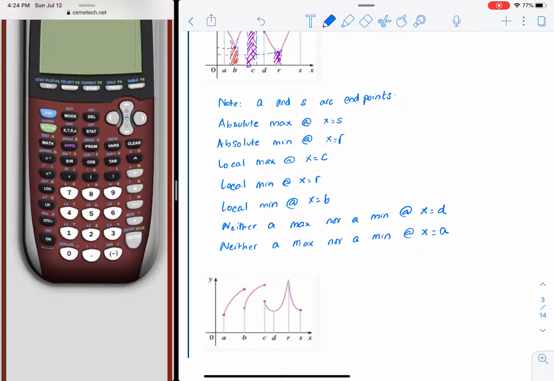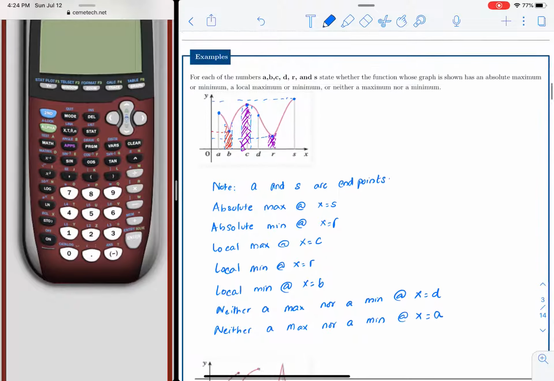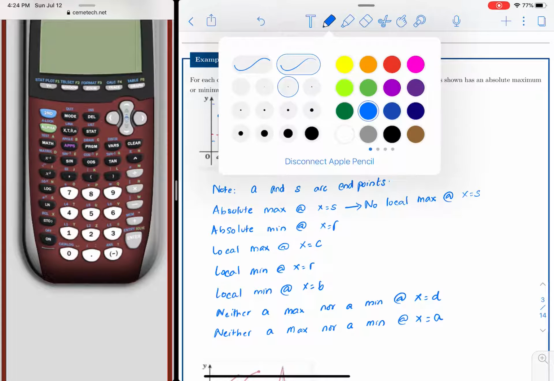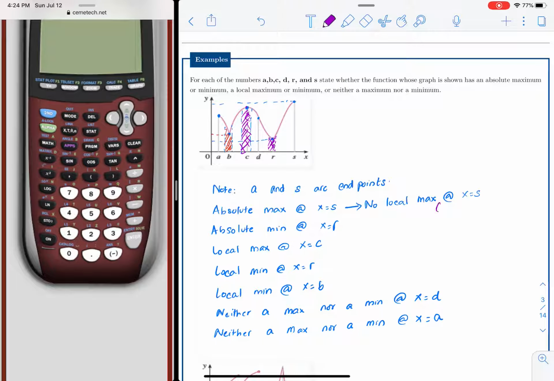A very, very important thing to note is the absolute max at x is equal to S. So even though we have an absolute max, this cannot be a local maximum. Why, you may ask? Because it is an endpoint.